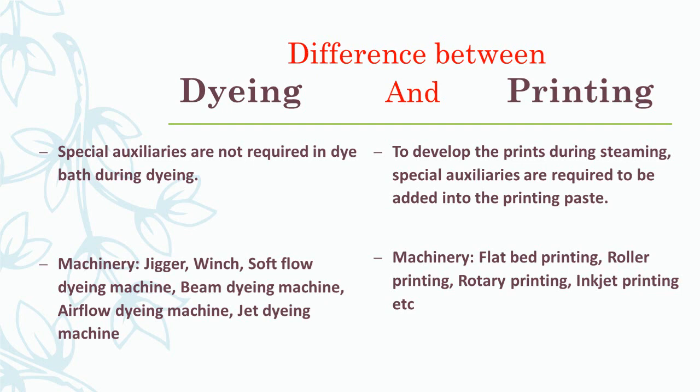The machineries used in case of dyeing are jigger machine, winch machine, soft flow dyeing machine, beam dyeing machine, airflow dyeing machine, jet dyeing machine, and so on. A variety of machines are available in the industry. In case of printing, the machinery used are flatbed printing, roller printing, rotary printing, inkjet printing, transfer printing, and so on.